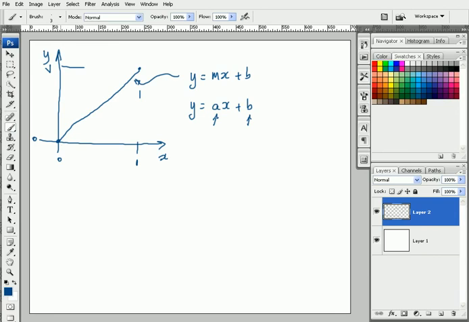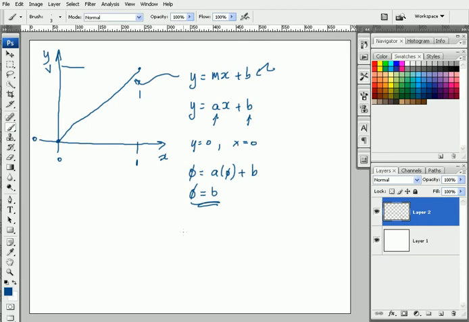We know that 0, 0 is on the line, and it's one of the endpoints. Therefore, when y is equal to 0 and x is equal to 0, what does that give us? Well, we're going to get 0 is equal to a times 0 plus b. If we solve this out, we can see that 0 is equal to b. Therefore, our b in this equation has to be 0. The other value that we're interested in is a here, so we can take the other point over here.